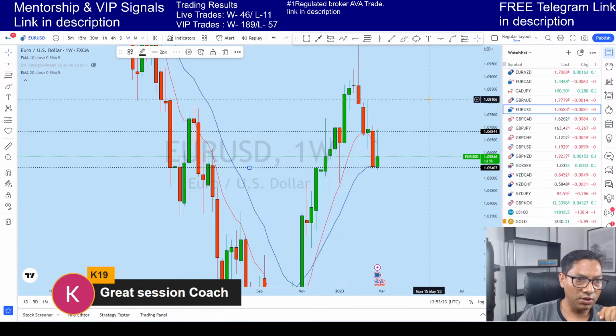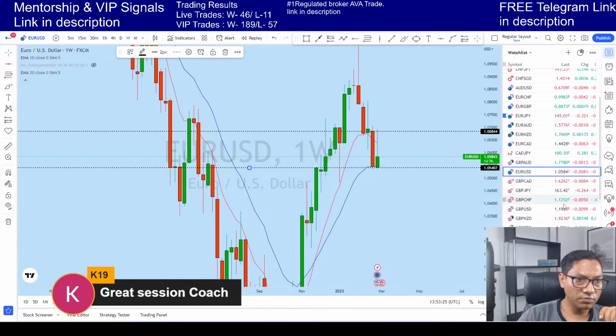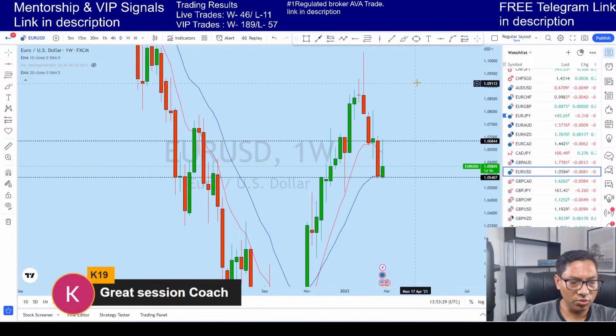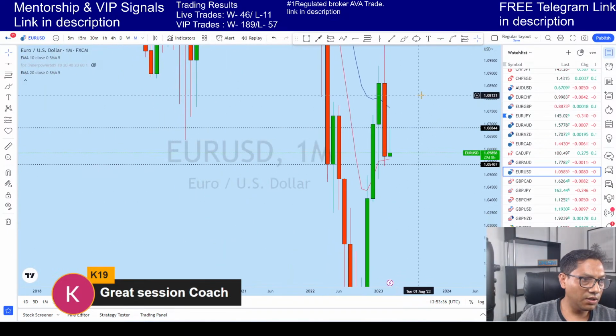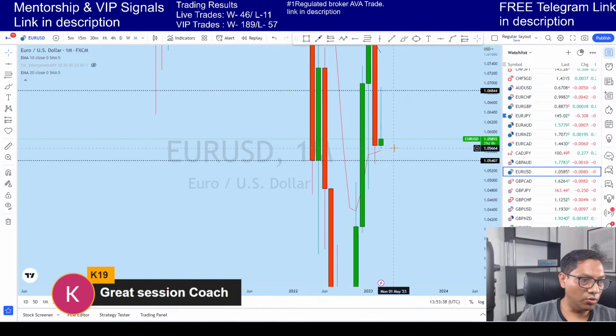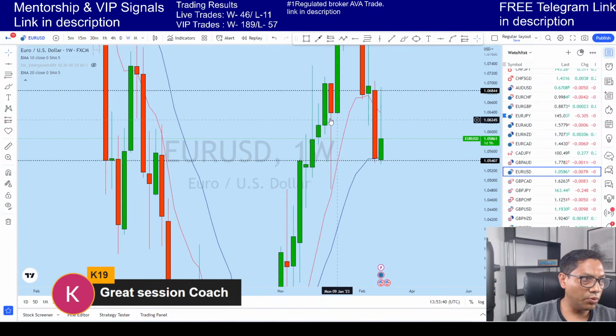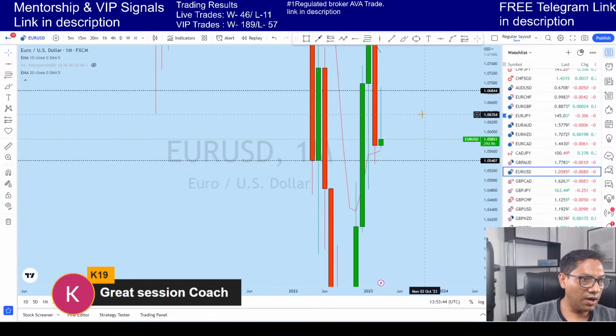I don't think this market will be able to break down with this candle. If I look at the monthly, you can see this is the weekly support, exactly here. On the monthly, highly likely euro dollar will break this monthly support, and from this zone we will see another bounce to the upside on euro dollar.